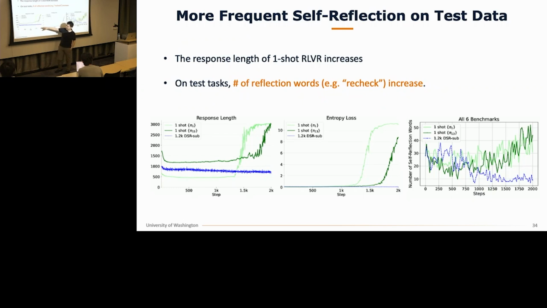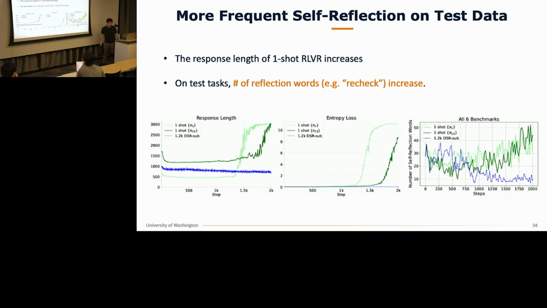If you use the full data set, the output length is pretty flat, but if you use one training example, then the response length is longer and longer. This also corresponds to the entropy loss, which does become larger and larger. That's why in the end it will output some random things.